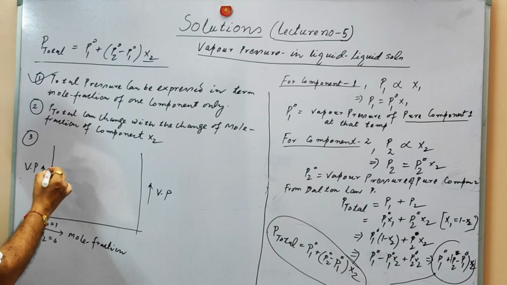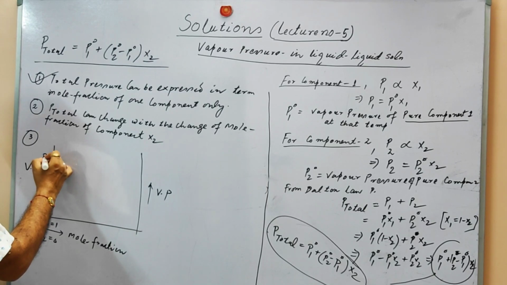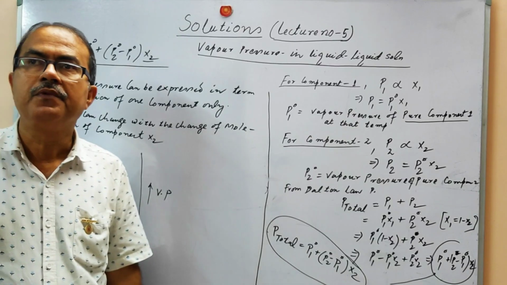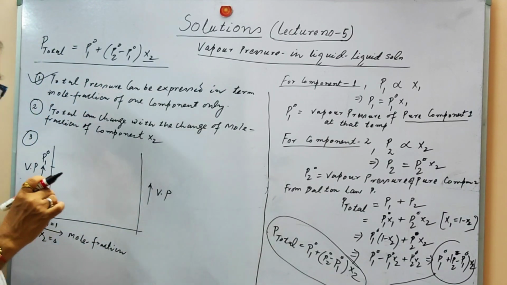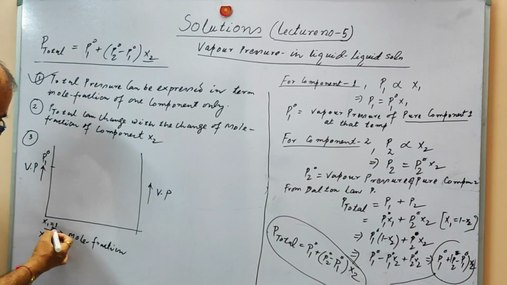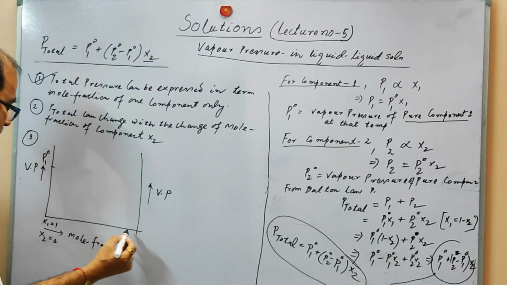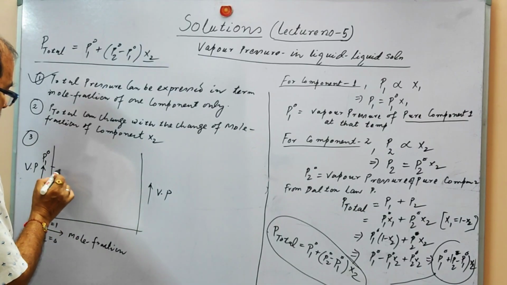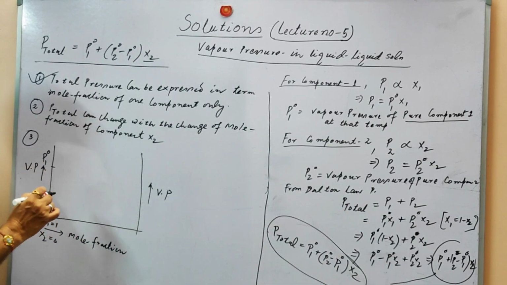At that time the vapor pressure will be P1 0, the vapor pressure of the pure component 1. As we go on decreasing the mole fraction of the component 1 and increasing the mole fraction of the component 2, what will be the vapor pressure?